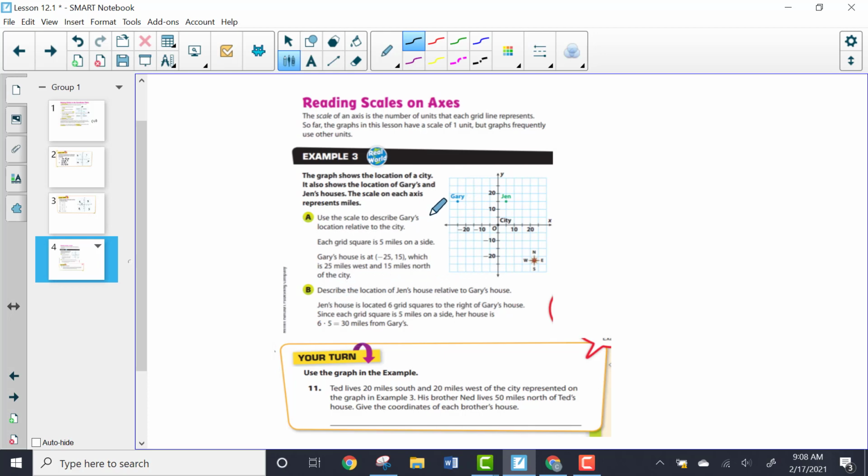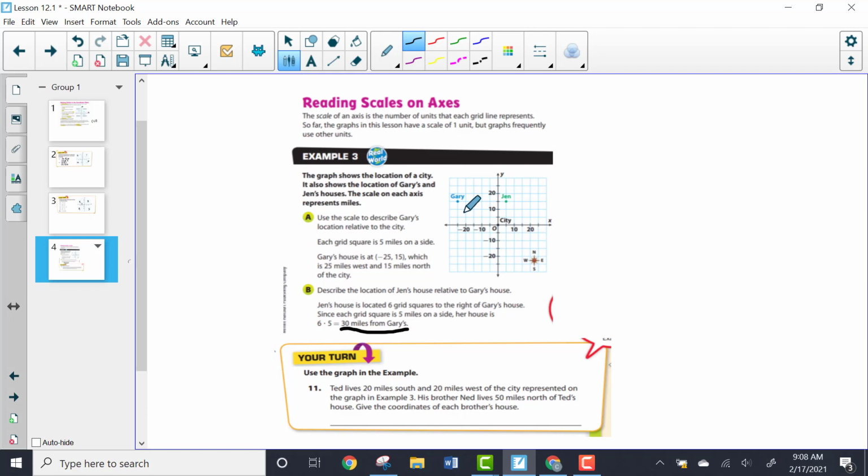Now, because we know that each square represents 5 miles, what you can do is take 6 square grids, multiply it by 5, and that'll give you 30 miles away from Gary's house. Now, if we want to get really technical, we could say that Jen's house is 30 miles east of Gary's house. All right. So that's how you could represent that looking at this coordinate plane.